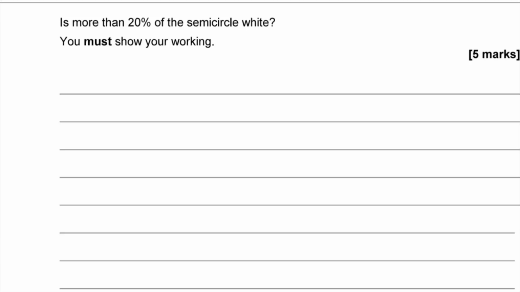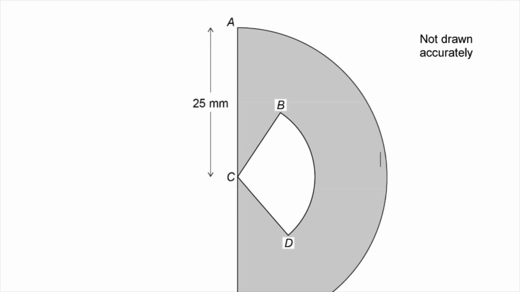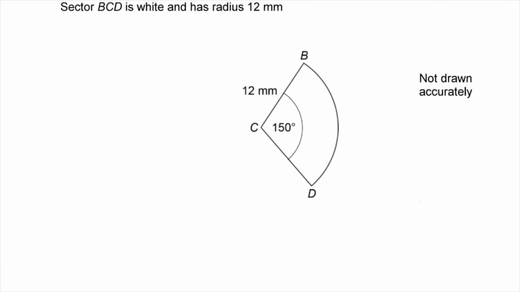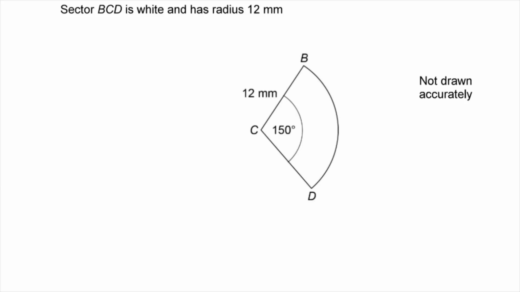Okay, so therefore we're going to have to work out the two different areas and then see if one is 20% of the other. So where should we start? Well, let's start with the sector, because we have to take the sector away from the other bit, don't we? So let's start with the sector. The sector has a radius of 12 and an angle at the center of 150.